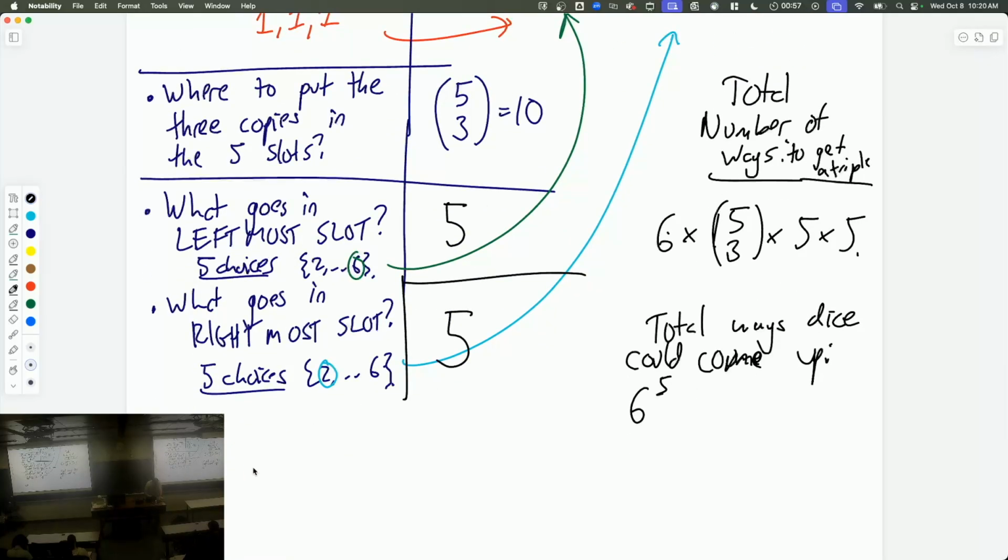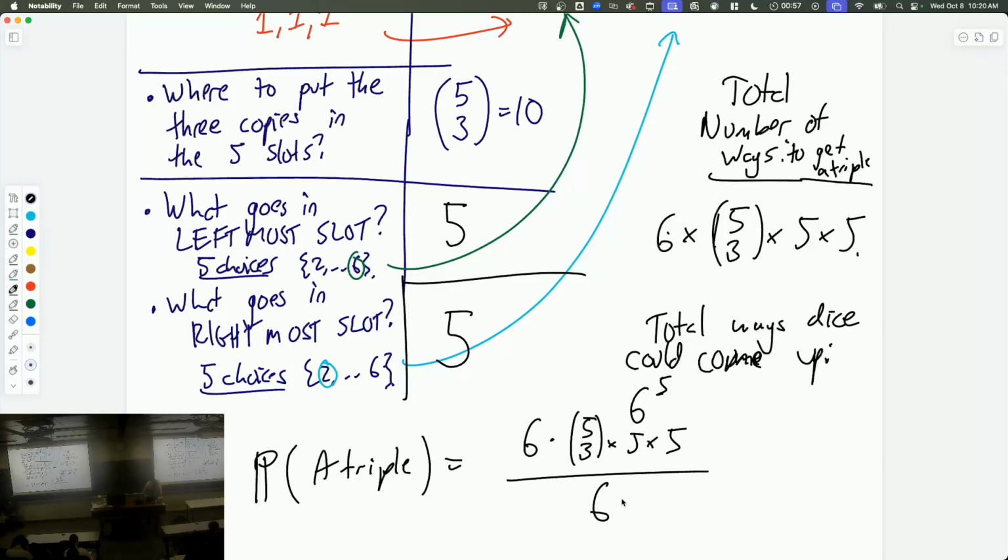Therefore, the probability of a triple is 6 times 5 choose 3 times 5 times 5 divided by 6 to the power 5. If you want, you can cancel out one of these 6s to get a nice number. So 10 times 5 times 5 divided by 6 to the power 4 is the final answer. You could simplify it a bit more, but let's leave it like that.